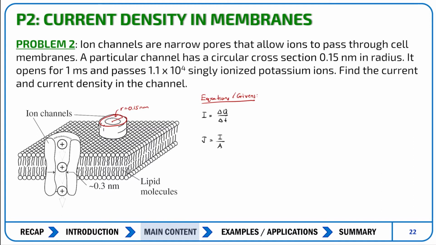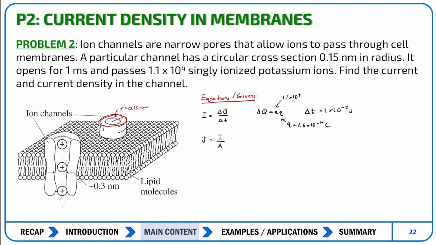What are some known values? We know that delta Q is equal to N times q. We also know that delta T is equal to 1 times 10 to the negative 3 seconds. We know that N is 1.1 times 10 to the 4, and they're going to be singly ionized potassium ions. So that means q should be equal to 1.6 times 10 to the negative 19 coulombs.